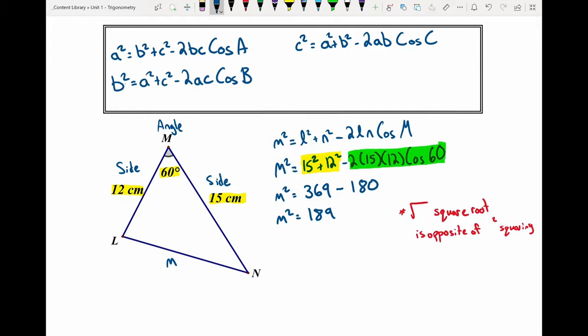We want to square root this. That means M is going to equal the square root of 189. We could get as our final answer 13.7. So that is our missing side length. And that's how you use cosine law to find the missing side length.